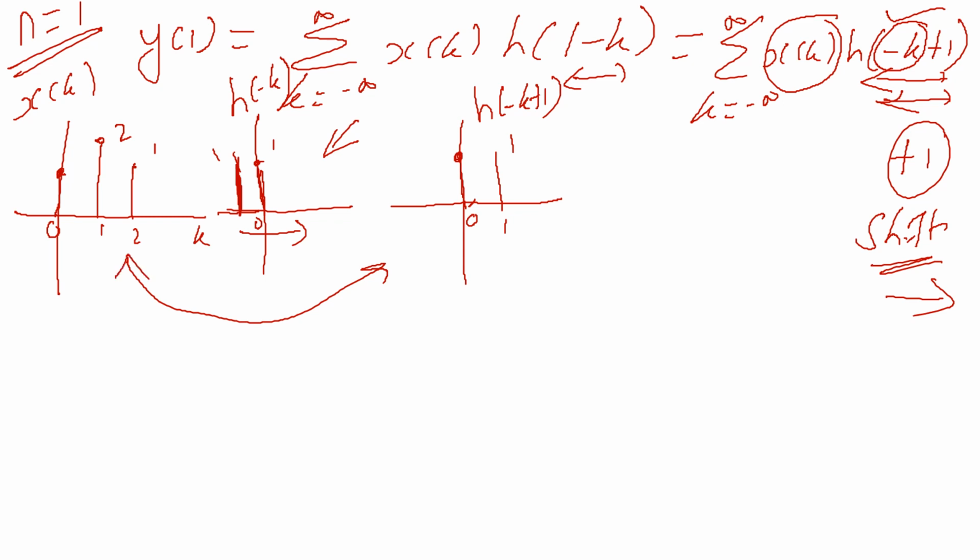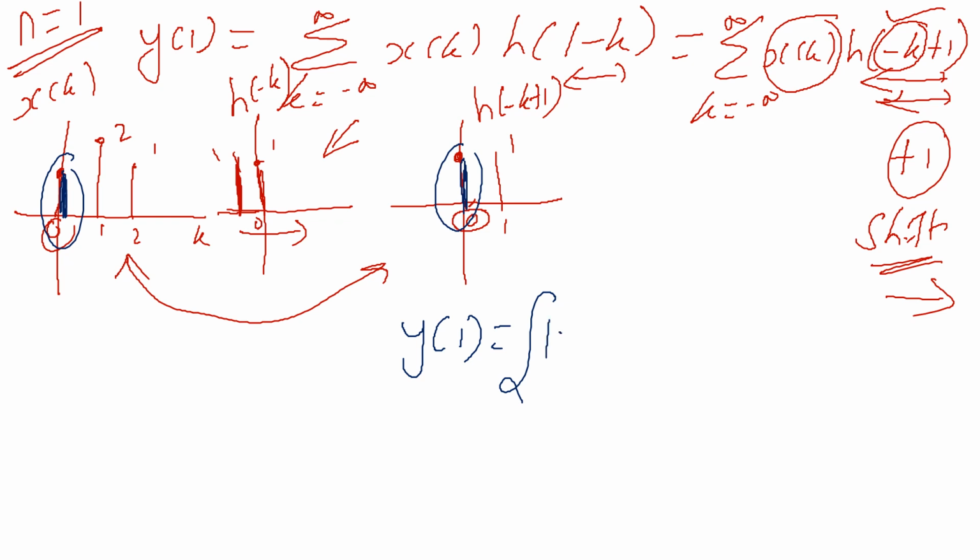Okay, let us look. At 0, the origin, here it is 1, here it is 1, and here also 1. So what is the value here? The first value is the product between this and this.